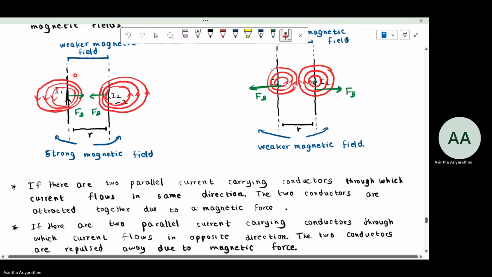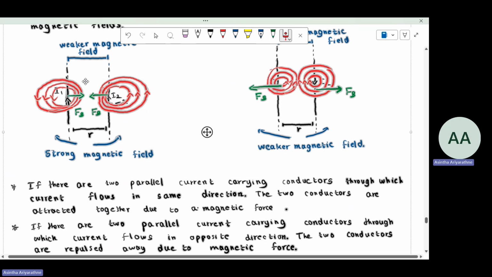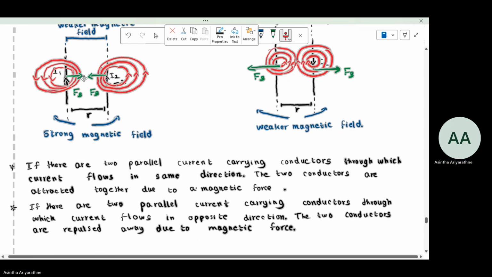Point the index finger in the direction out from the whiteboard and current in the upward direction, then your thumb will be pointed towards right. So we get the same direction of magnetic force acting on the current carrying conductor if we consider the Fleming left hand rule as well.